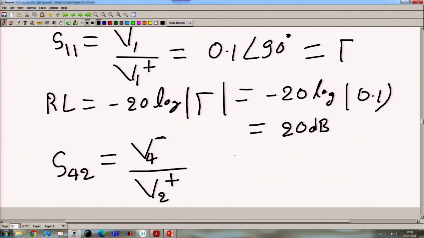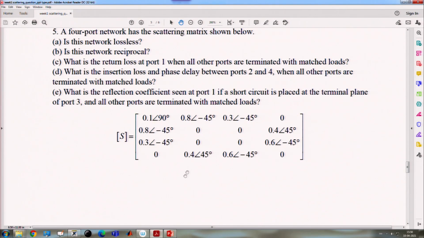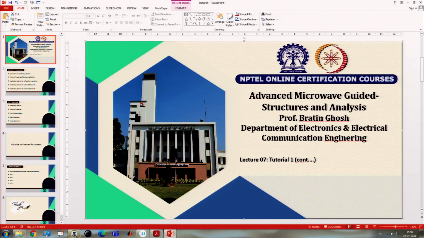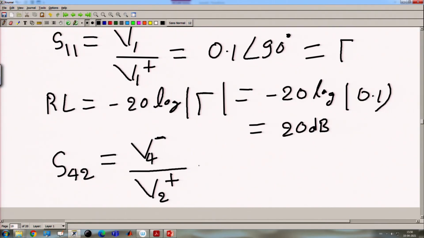So, for that this condition will come. All are terminated with match load, that means this part, 0.4 angle 45 degrees, will be the S42.